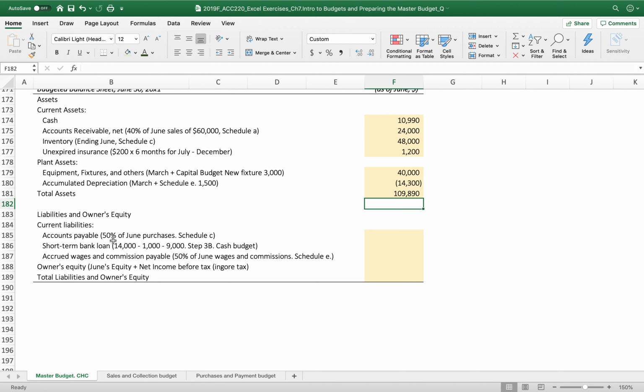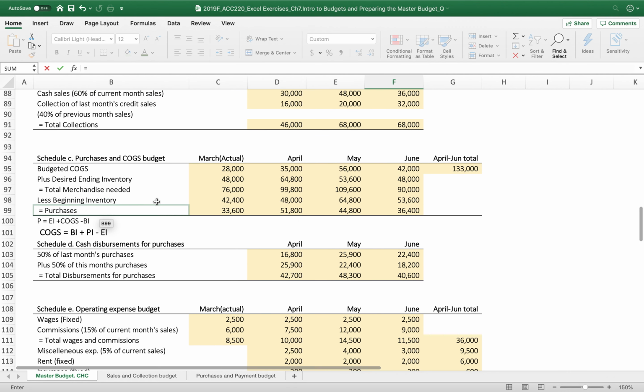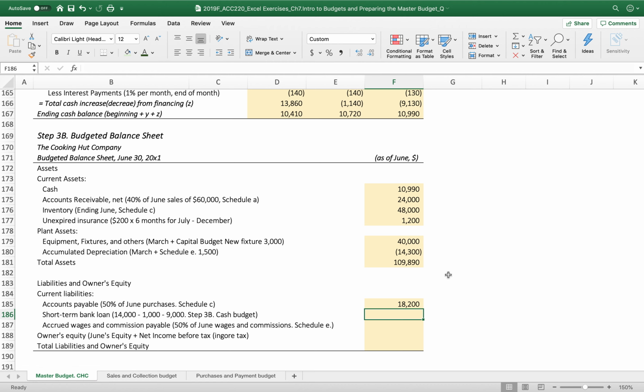Accounts payable is 50% of June purchase on the Schedule C. On the Schedule C, the purchase is 36,400, and 50% of this month's purchase is the disbursement. So 50% of the purchase is accounts payable. We have an obligation to pay, right?